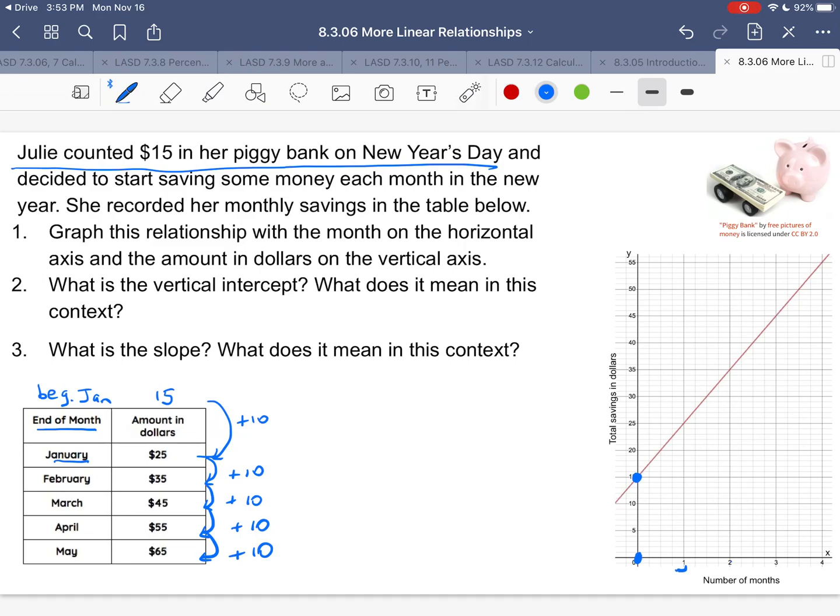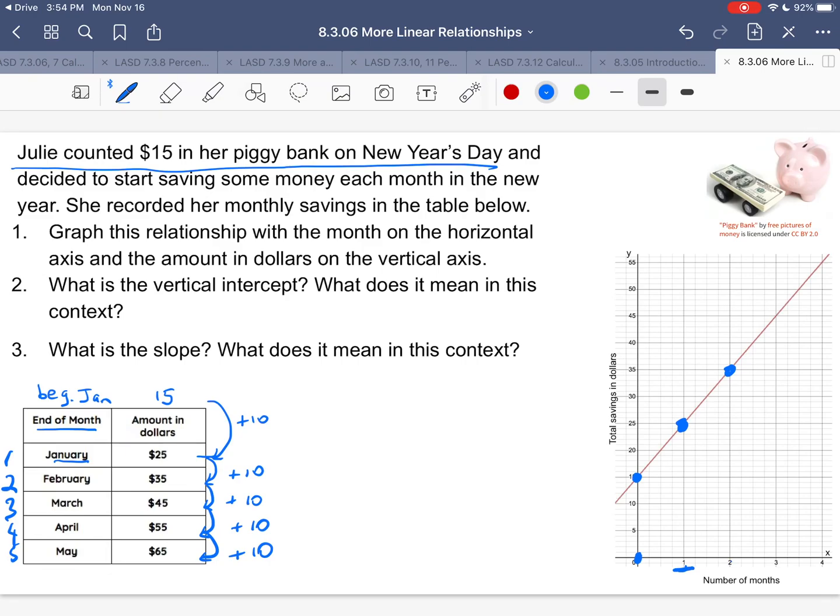And then after 1 month, which will be at the end of January, she has $25. At the end of the second month, at the end of February, she had $35. I'm taking these from the table, and you can graph your line then through the points.